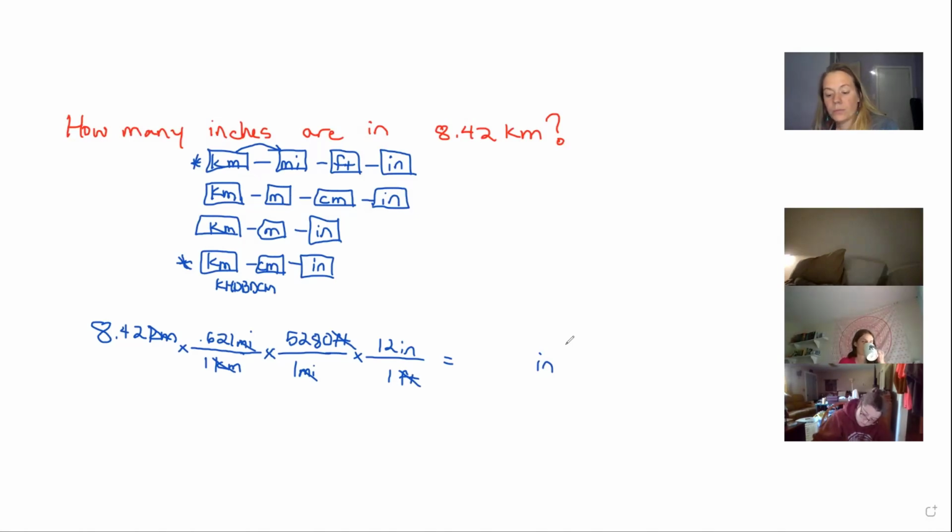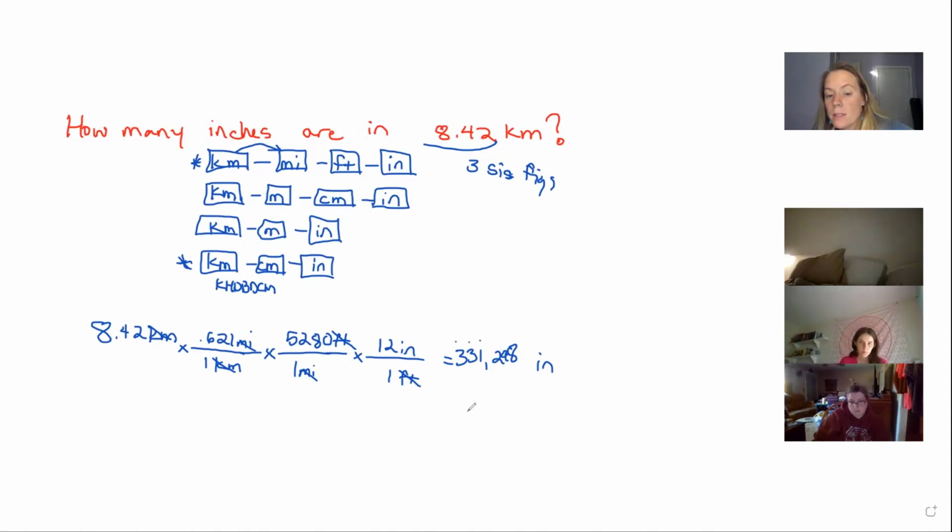And we should end up with a large number. 331,298 with some decimals. How many significant figures do we need to round to? We go with the given information. So the given information has 3 sig figs. So we want our final answer to round to 3 sig figs, which means the 3 and the 1 are significant.